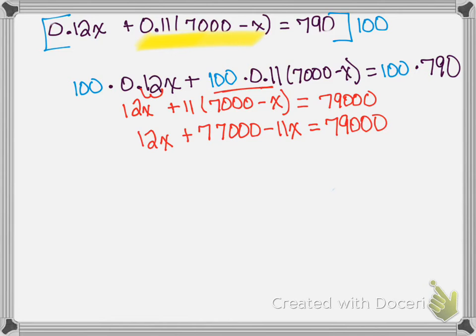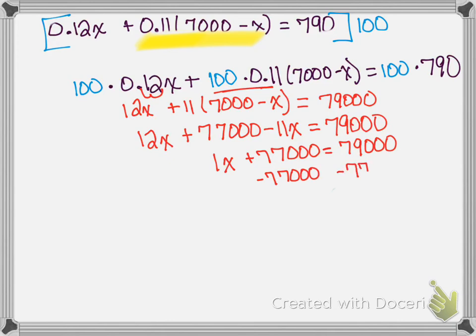It's that highlighted yellow part that students get confused. 12x minus 11x is 1x. And then my last step is going to be to subtract 77,000. What is 79,000 minus 77,000? 2,000.